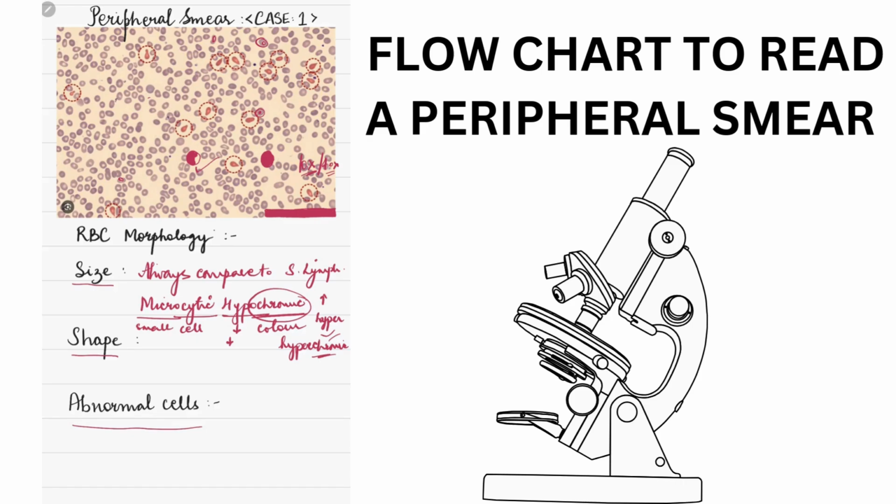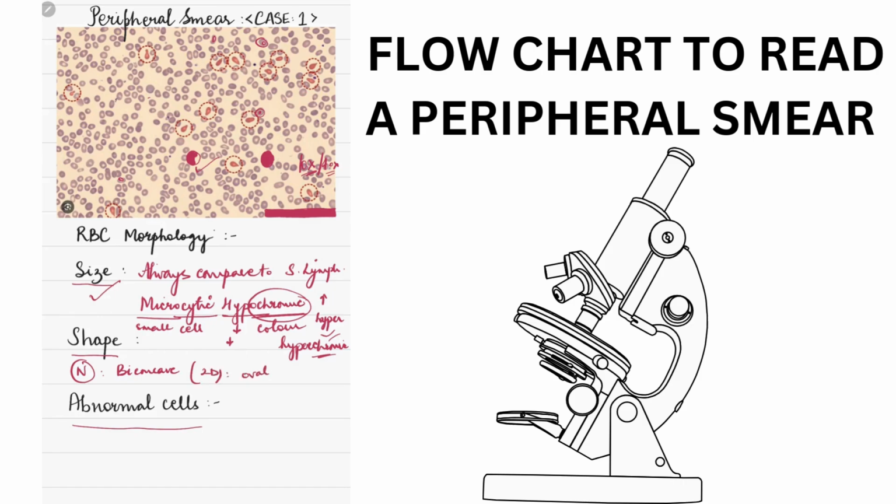All right. Now, through size we have decided that this is microcytic hypochromic, in comparison with the small lymphocyte, and also by the color of the pallor inside the RBC. Next is shape. So what is the normal shape? Normal shape is biconcave, and in 2D you will see oval.